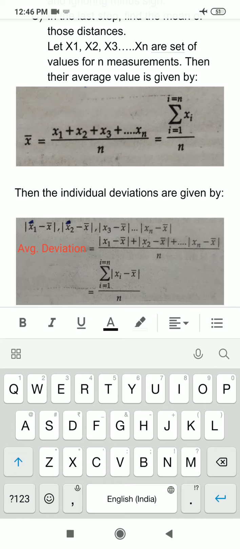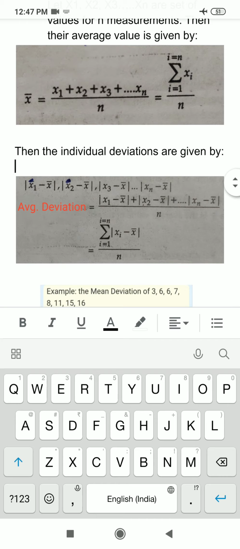So average deviation, I have written in red, is equal to x1 minus x bar plus x2 minus x bar, so on up to xn minus x bar. So taking summation of this, I can write summation of xi minus x bar from i equal to 1 to n divided by n. So this is the formula for average deviation.